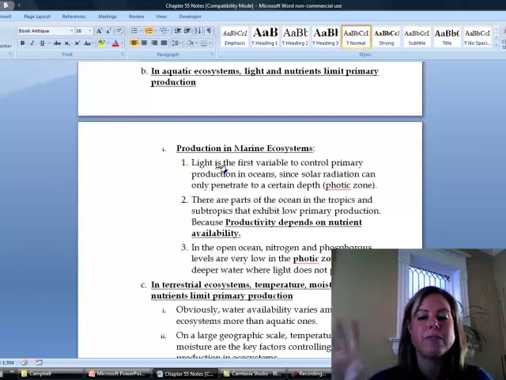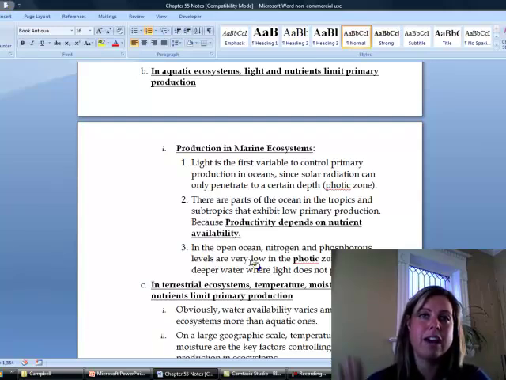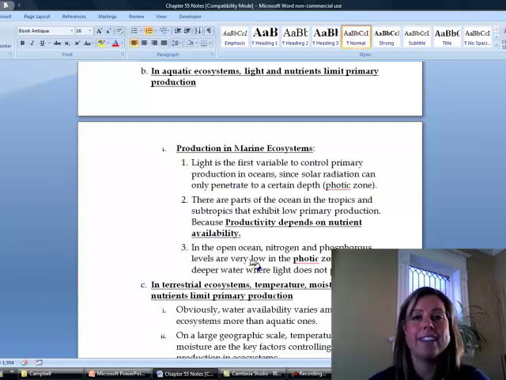That's the first variable controlling primary production amounts. Then there's also nutrient availability. The two things really limiting in the ocean are nitrogen and phosphorus. Nitrogen and phosphorus are really not that easy to find, and that limits how much primary production can happen.